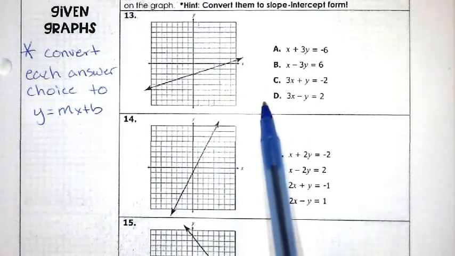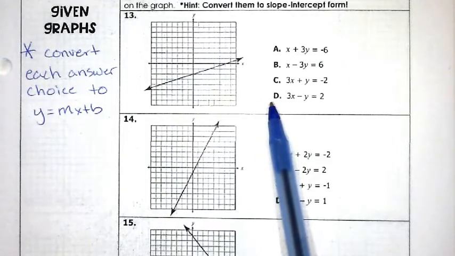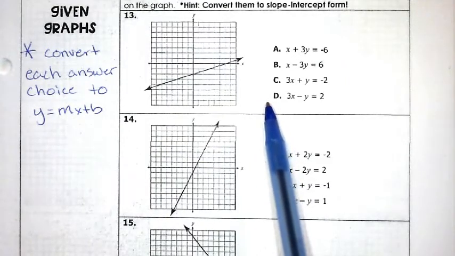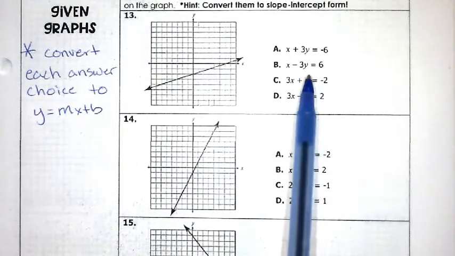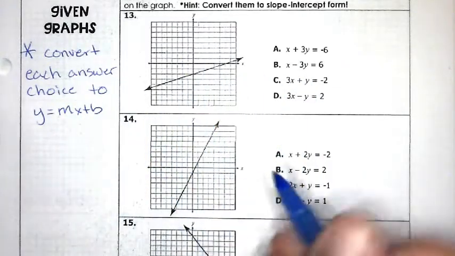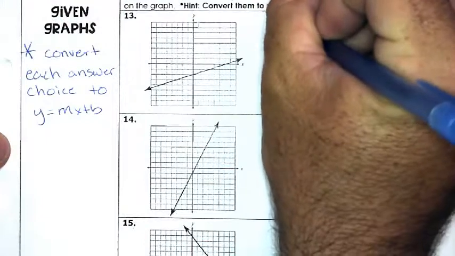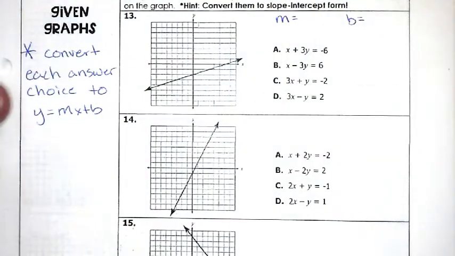Now, these are situations where there is no obviously wrong answer yet. So we have to do the grunt work. First thing you need to do is identify the slope and the y-intercept of the graph itself. So what is the slope of my graph?